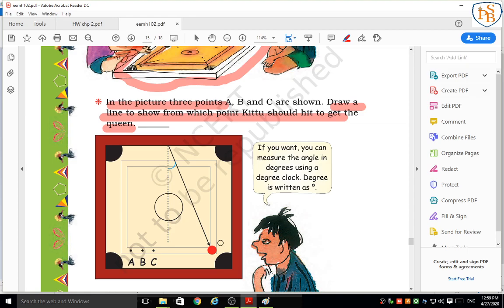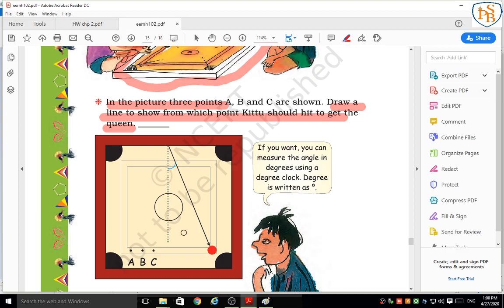Everyone, whenever we are playing carrom board, we want the queen, correct? So they are giving 3 points A, B, C. From which point if you hit the striker, the queen is yours. Can you say, students? Before that, just see the angles. If we hit from C, it will be B, then A. Before that, the same angles we have learned in the garden, correct?